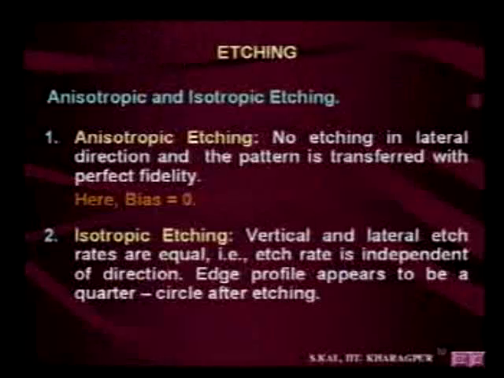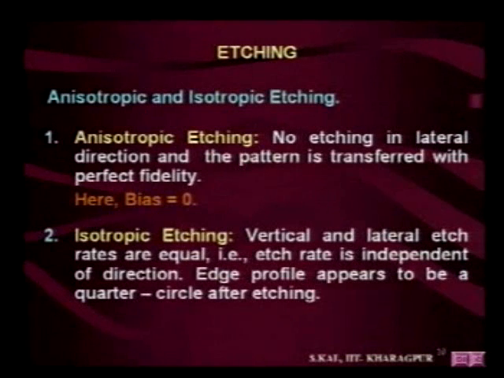And the next one is isotropic etching. In isotropic etching, vertical and lateral etch rates are equal. Etch rate is independent of the direction of etching. Whether etching is directed vertically or laterally, the etch rate remains the same.